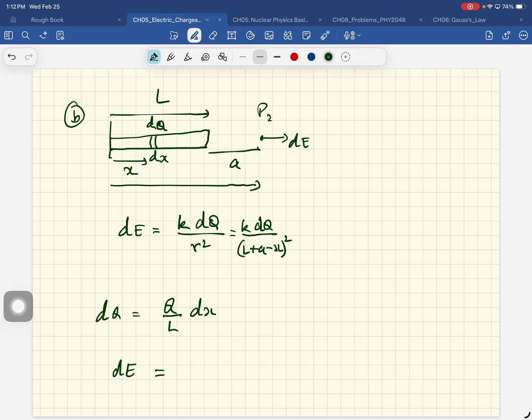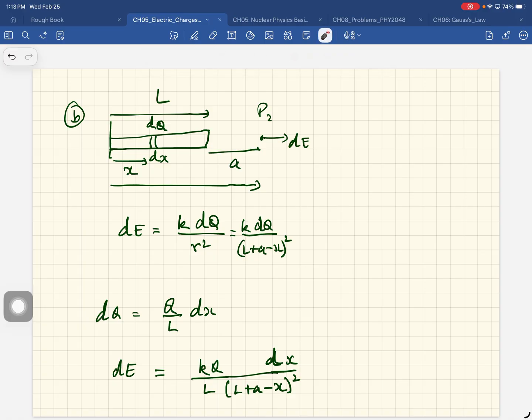With limits 0 to L, the electric field at that point is, for the upper limit of L, 1 over A. So KQ over L, 1 over A minus, for the lower limit, X is 0, so it's 1 over L plus A.